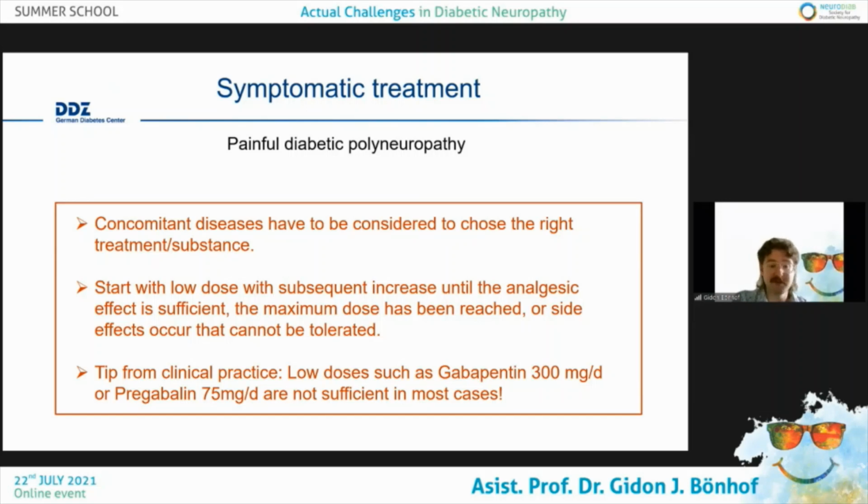You need to start with low doses and subsequently increase until you have sufficient effect, or the maximum dose has been reached, or side effects occur that the patient cannot tolerate. One piece of advice from clinical practice: I often see patients on pregabalin 75 milligrams per day. That's not enough, and gabapentin 300 milligrams is also not enough. In most cases, you can increase the dosage of those substances.